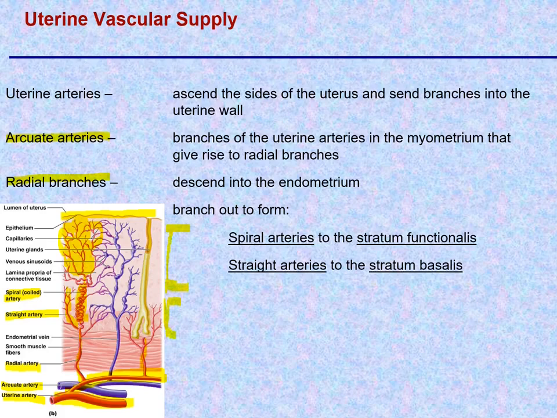I'm going to put an F here. Functional layer and basal layer. It's the functional layer that gets sloughed off every month, and the basal layer gives rise to it. Straight arteries feed the basal layer, and spiral arteries feed the blood towards the functional layer.